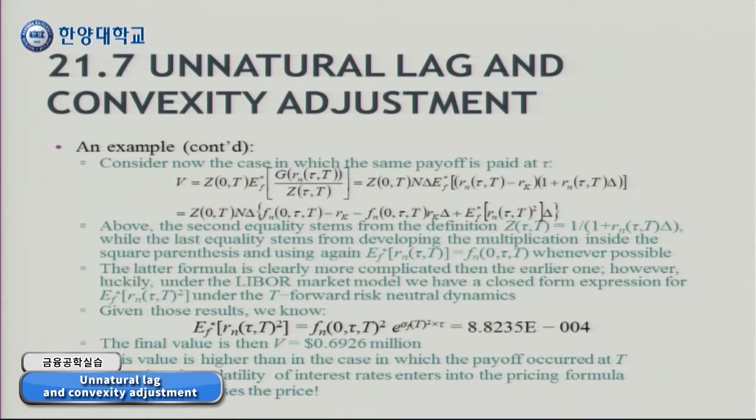In addition, it does not make much value to receive money slightly earlier because the interest rate is low. If the interest rate is high, we would be very happy to receive money earlier. But if the interest rate is low, we wouldn't be so happy to receive money earlier at tau, isn't it?